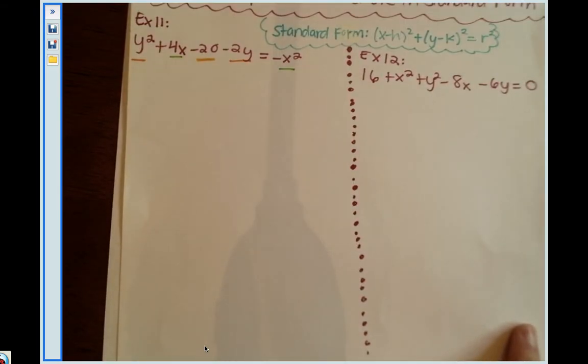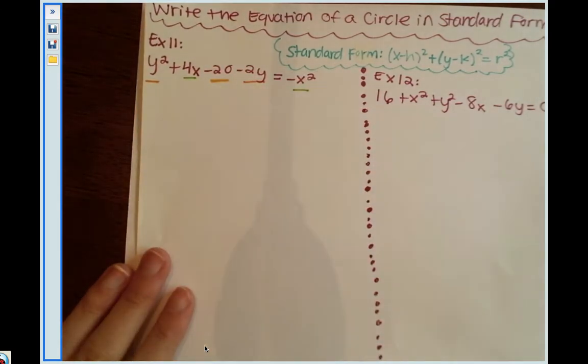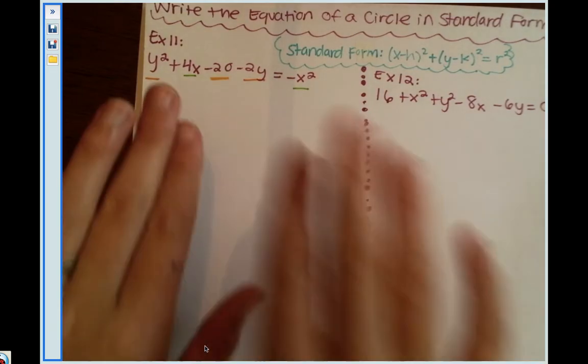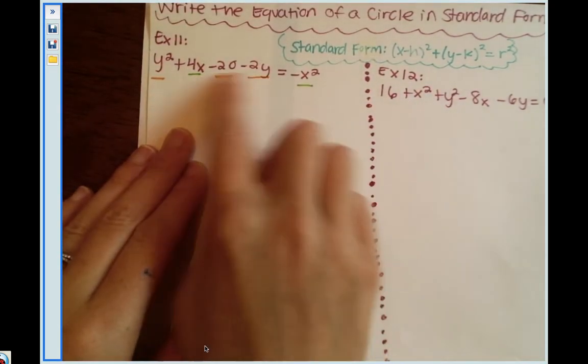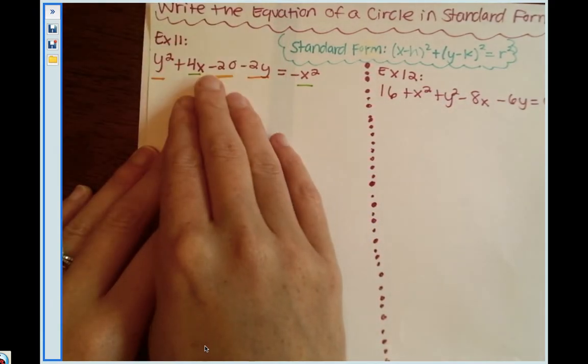Okay, so first of all, I'm going to be rewriting, I'm going to color code, because you know me, I like to color code. Guys, so I'm going to be rewriting this so my variables are all the same colors and my constants are all the same colors. While I do this, I'm going to go ahead and start sorting things on this side. So I'm going to group my x's together, my y's together, and my constants together.